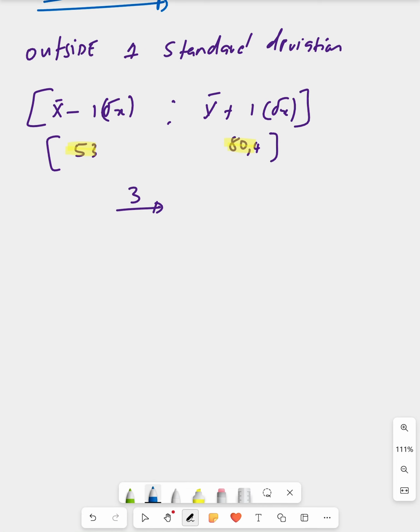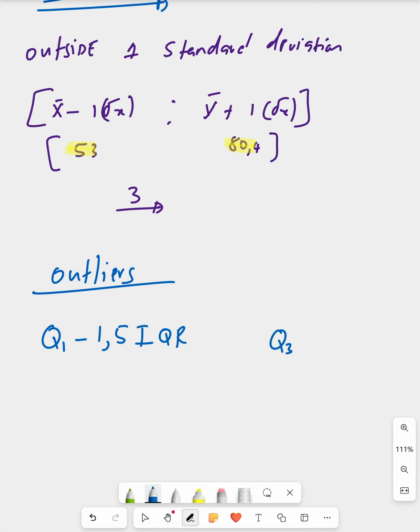So the last thing that I want to speak about is outliers. You must be able to identify outliers. To identify outliers, we use Q1 minus 1.5 IQR, where IQR is the interquartile range. We also use Q3 plus 1.5 IQR.